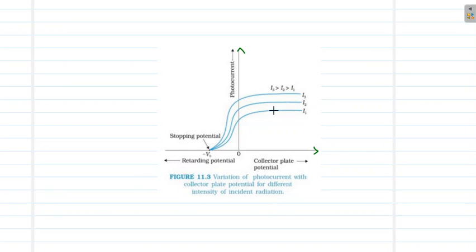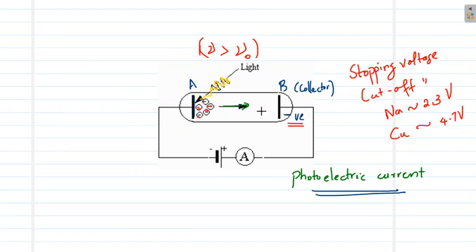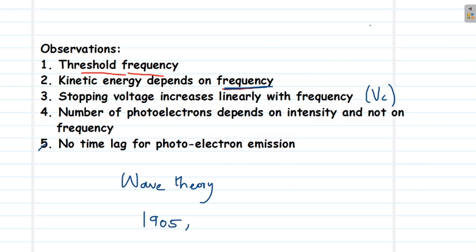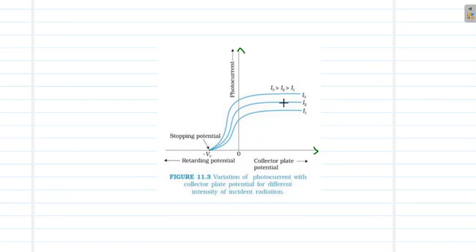We have earlier said that if you increase the potential between A and B beyond a particular value, the photocurrent will reach a saturation value. The flat parallel lines here represent the saturated value of photocurrent. If you increase the potential beyond that value, there is no increase in photocurrent.